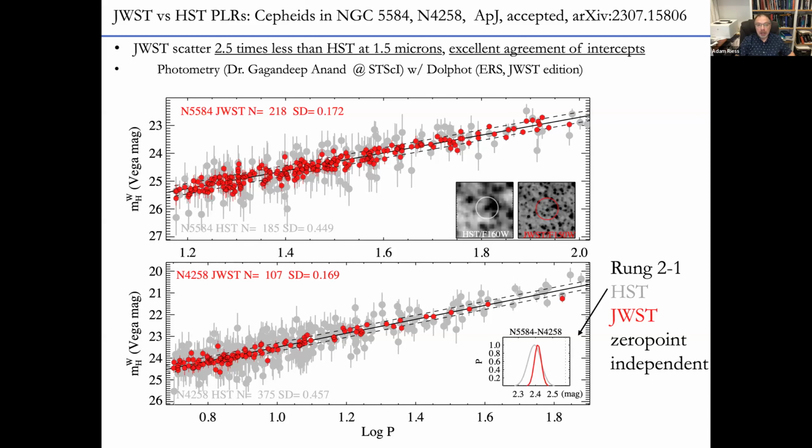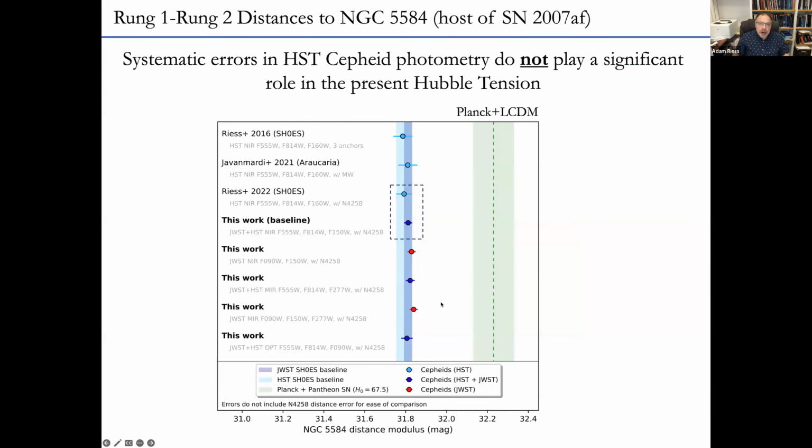And so we conclude, as I say here, that systematic errors in the HST Cepheid photometry do not play a significant role in the Hubble tension. What this graph is showing is the distance you can determine to that supernova host done in 2016 based on the SH0ES data then.